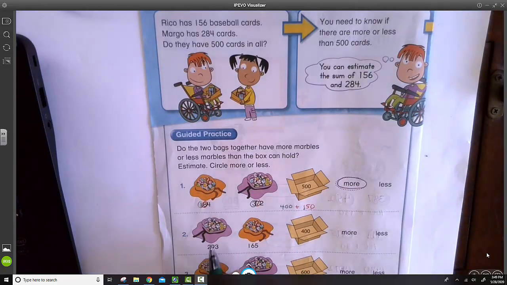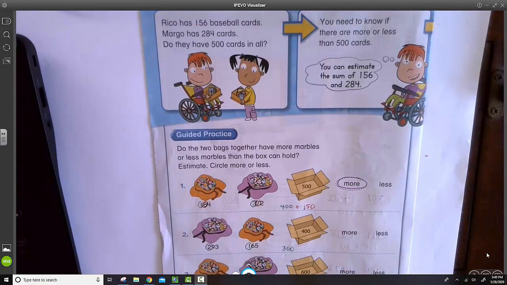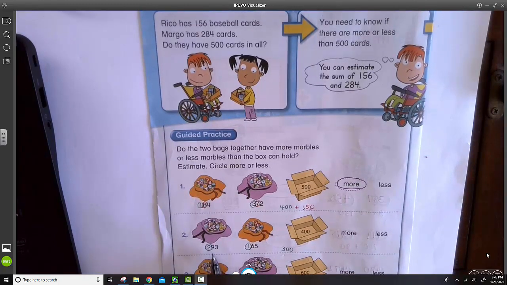So again, let's start with the hundreds column. We have 200 and 100. 200 plus 100 would be 300. The next step, as you know, we'll look to the tens. 9 tens. The value is 90. 6 tens.